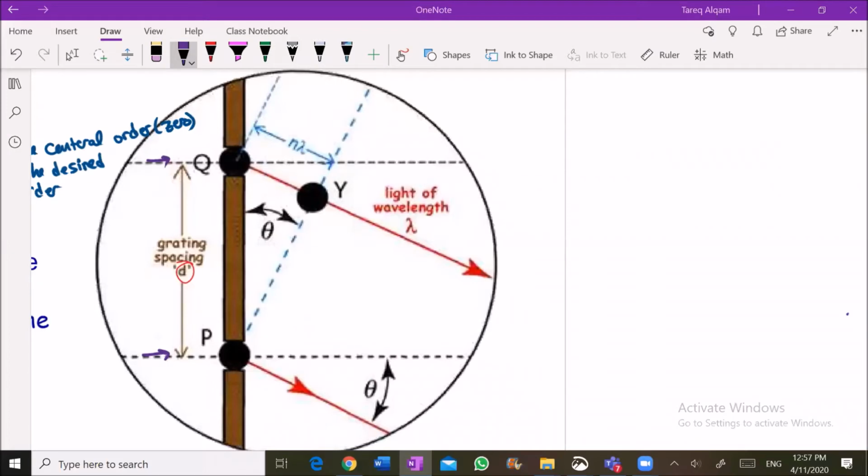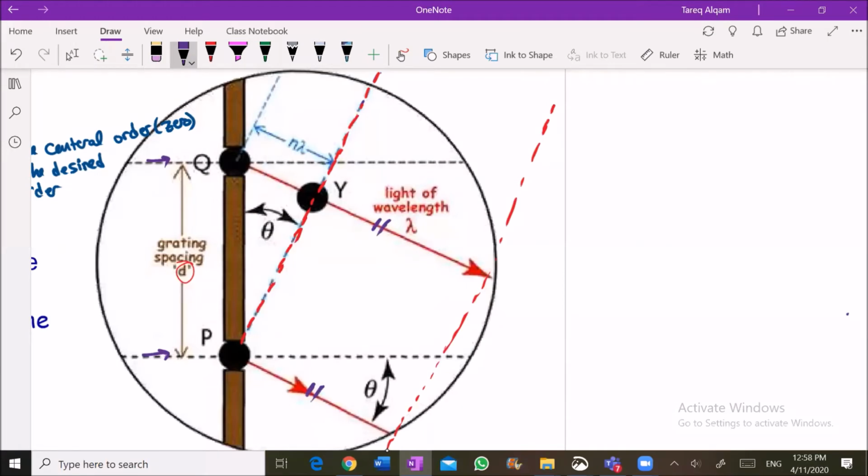So here, look here, please, guys. If I consider this line, as you see, this path is equivalent to this path, and they have the same path.